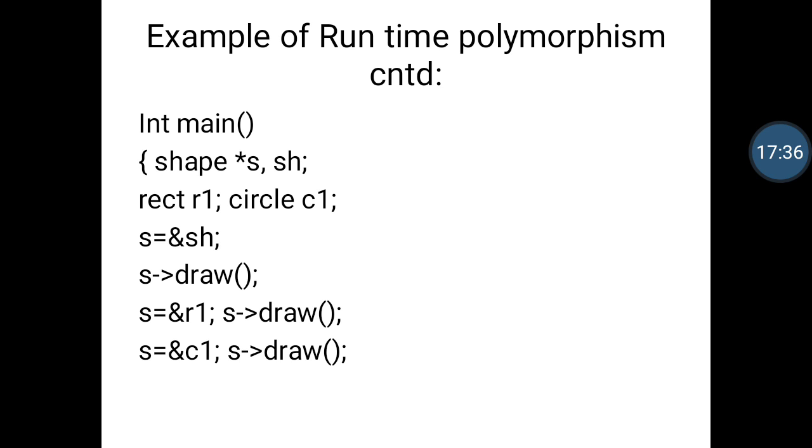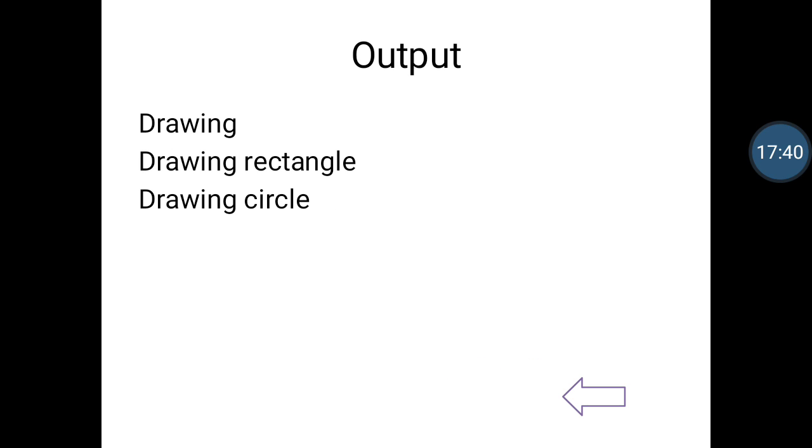It will call the function written in the circle class. That's why the output of the code will be drawing, which means it invokes the function available in the parent class. Secondly, drawing rectangle, which is the function in the rectangle class, and then the function available in the circle class.